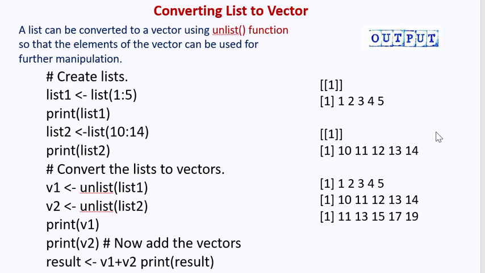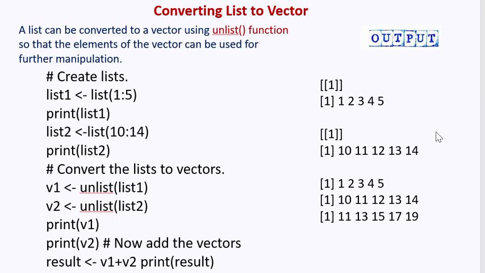The values in list 1 are going to be added with the values in list 2. For this scenario, we are going to convert the lists into vectors, because this is a mathematical kind of operation and handling numerical form works better with vectors.